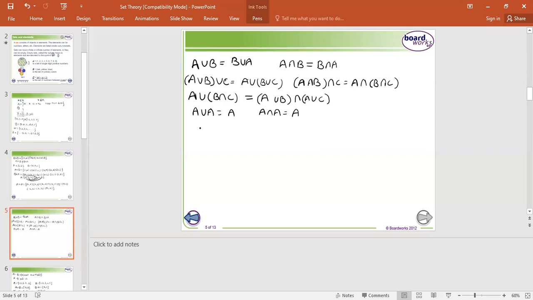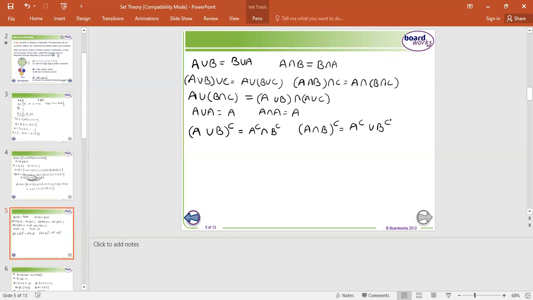In De Morgan's law, the complement of A union B is assigned to both: A complement intersection B complement, and the complement of A intersection B will be A complement union B complement. This is De Morgan's law.